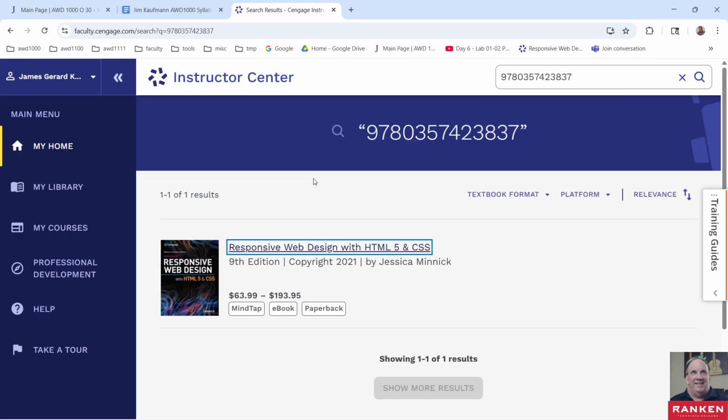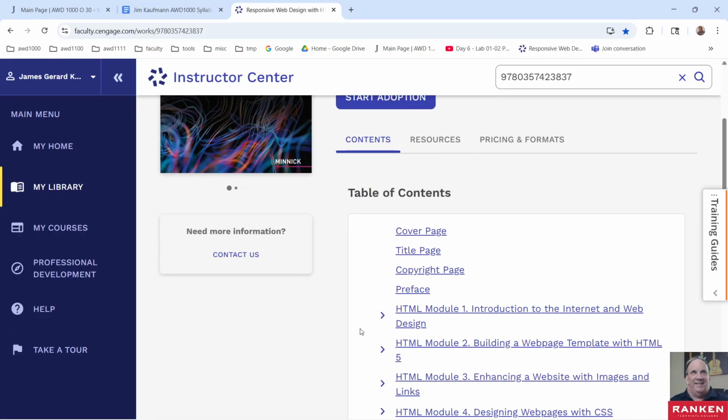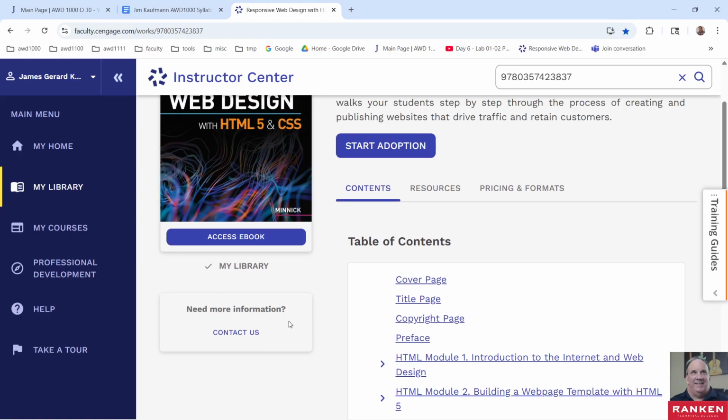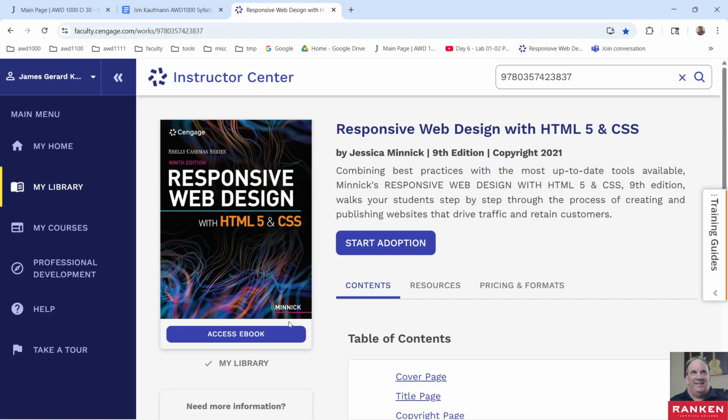This is going to bring up your book. Because mine's an instructor account, mine's different than yours, but I think once you do that, you'll click this, and there's going to be a button that says add to my library. It's already in my library, but it'll say add to my library or something. I think you'll have to click that to add it to your library. It might be a little different for you.